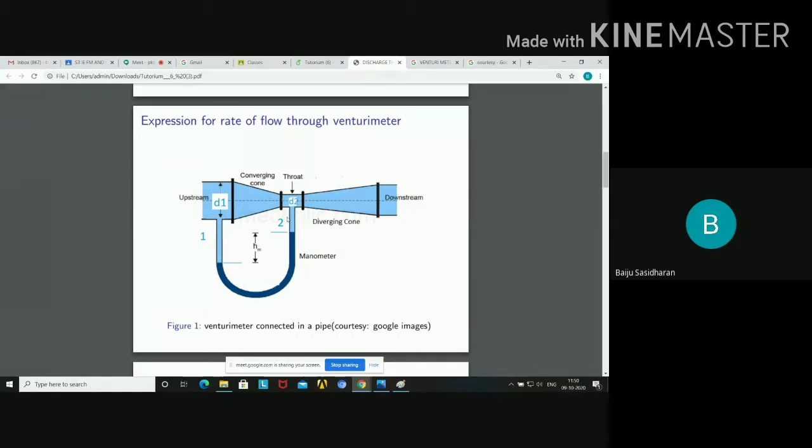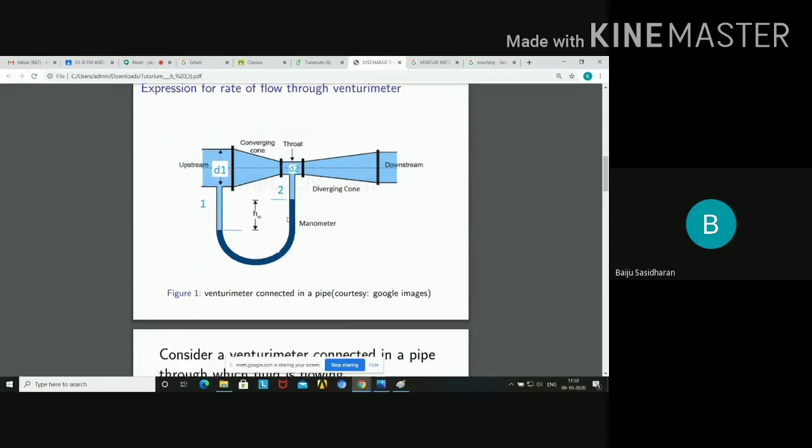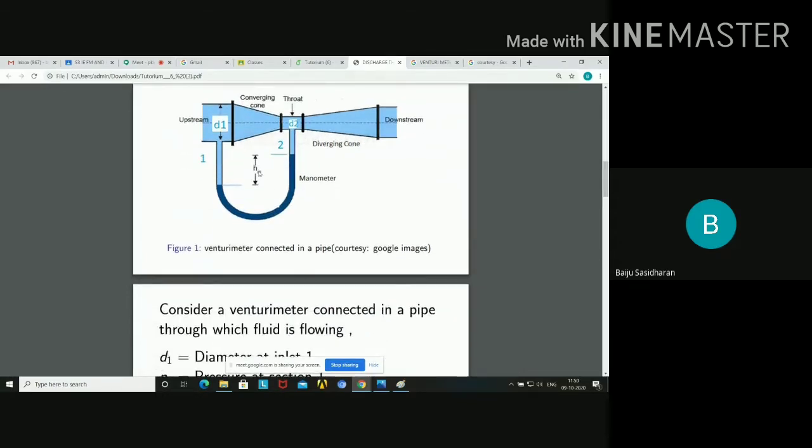This is the pressure difference between the main pipe and the throat, sections 1 and 2.